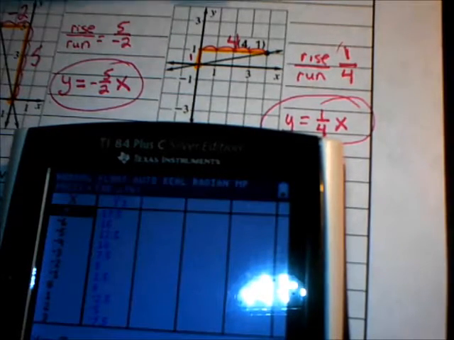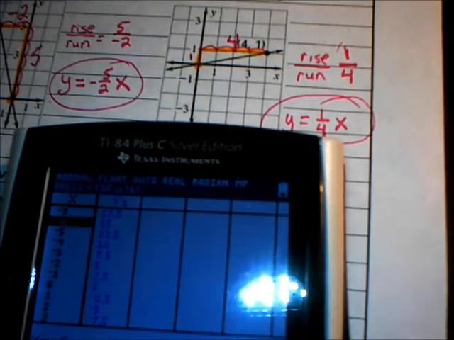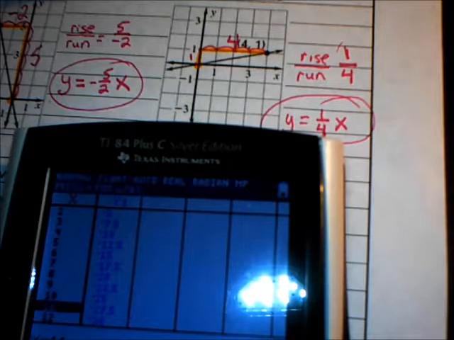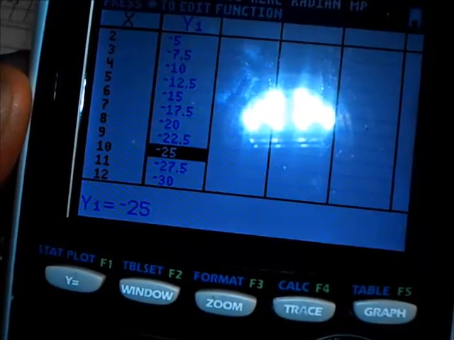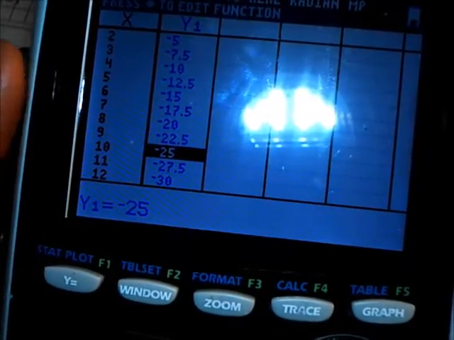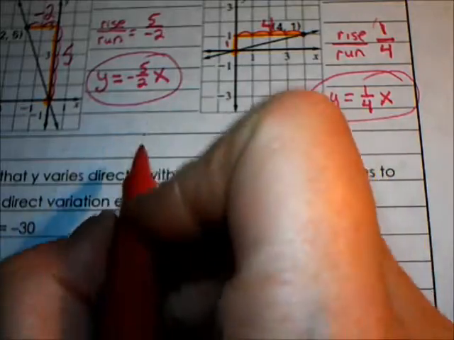So they said, okay, when x equals 10, oh, there it is. X equals 10, my answer is negative, can't read that. Oh, there we go. When x equals 10, the answer is negative 25.